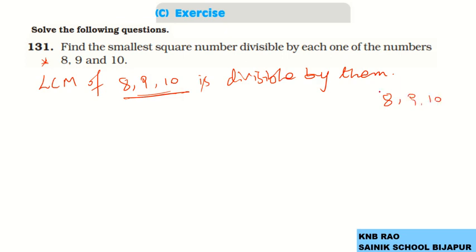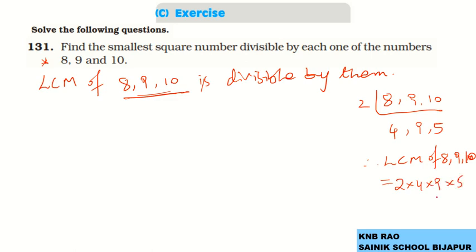You know how to find the LCM of any given numbers. 9 is not divisible by 2, comes as it is. Now, there is no common prime number dividing any two of these numbers. Therefore, the LCM of 8, 9 and 10 is 2 into 4 into 9 into 5. 4 9s are 36, 36 10s are 360. So, 360 is such a number.